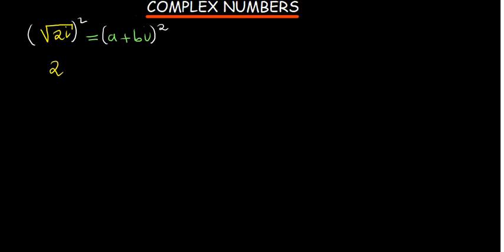a plus bi all squared. I explained last time, when you've got something in this form, a plus b with a square, get the first one, square it, then get the 2, multiply by the first one and the second, that will become 2ab, then get the second one, you square it. So I'm going to get the first one, a squared, then I'm going to get the 2, I multiply by the a and the b, that's bi.